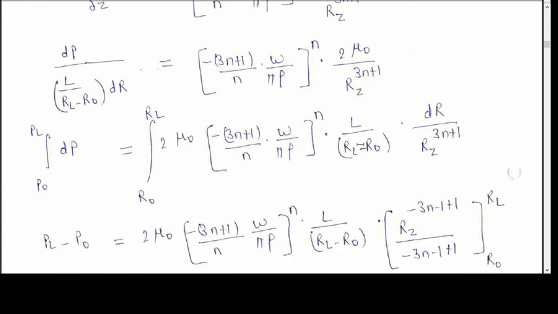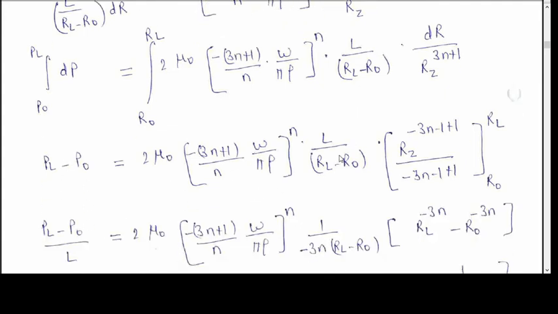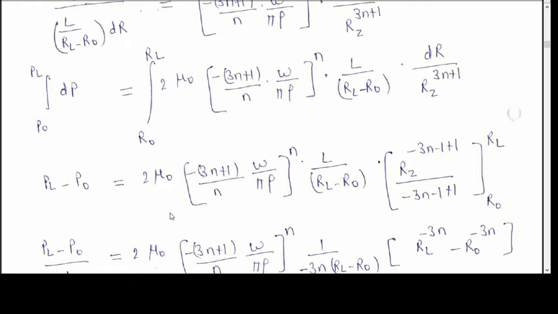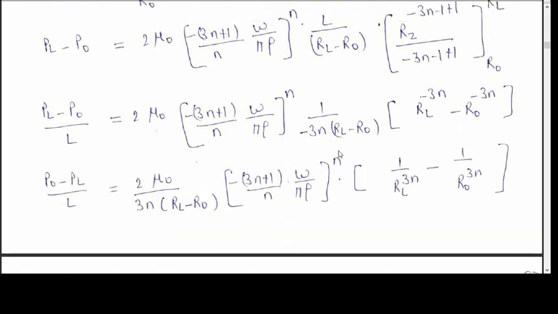If we integrate that, there is no change on the left hand side. Only this term needs to be integrated. So this is minus 3n minus 1 plus 1 power; it goes to the denominator and we substitute the limits r0 to rl. If you substitute the limits, you will get this particular equation.